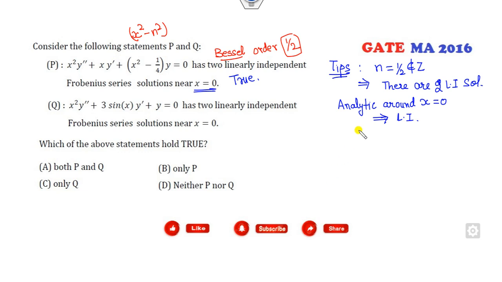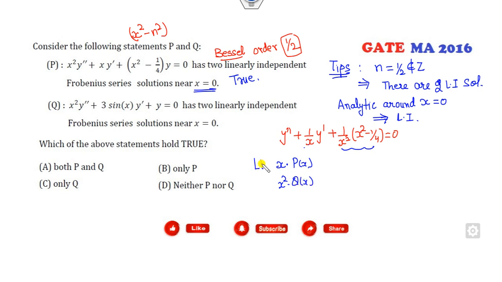How can you prove that the differential equation is analytic? I can write this equation as y'' plus 1 over x y' plus x square minus 1 over 4 over x square y equal to 0. Now you can check this singular point. Firstly I multiply by x into px, and second x square into qx.